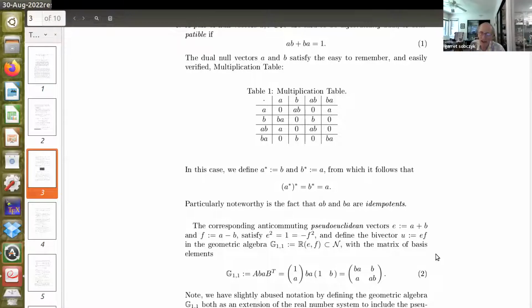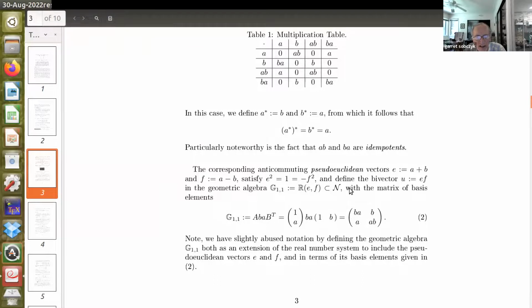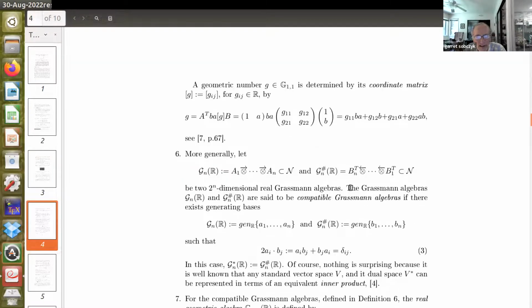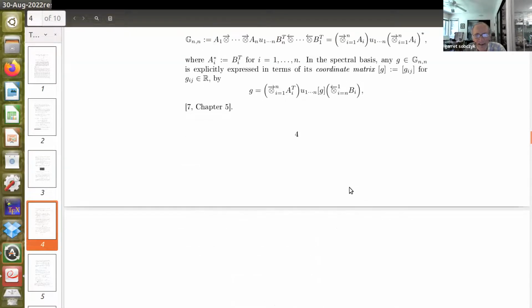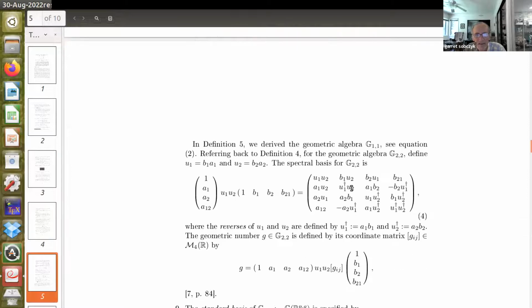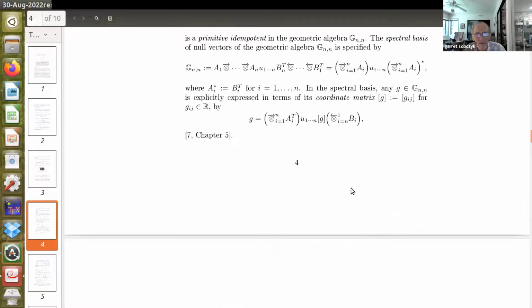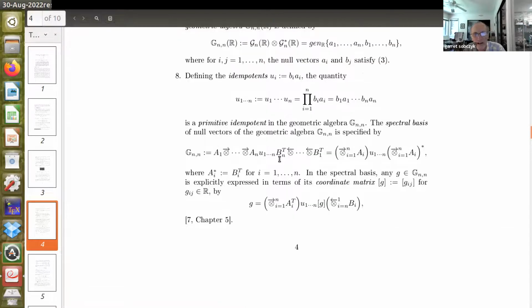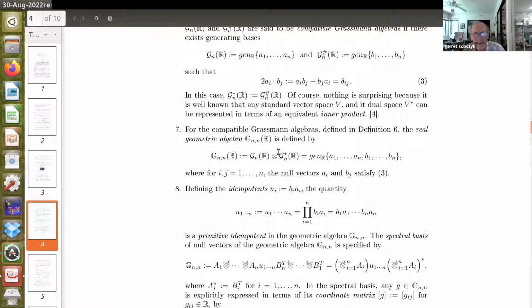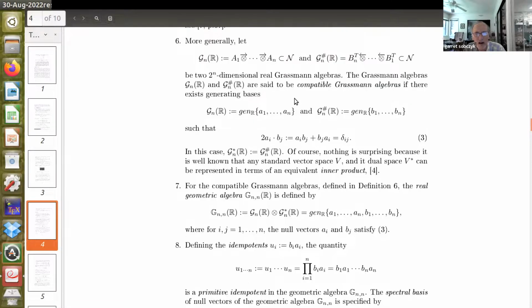Well, yeah, that's right. That's the second case here, and that's what I do. Let me just go down again. Okay, here's the second case then. Here I'm just generating bases for the higher dimension. Here, look, equation number 3 is very important. Okay, so now let's look at G_n(R).